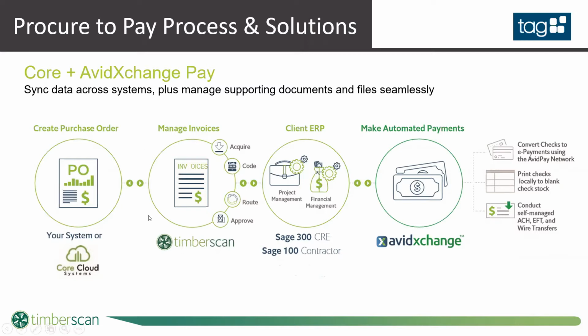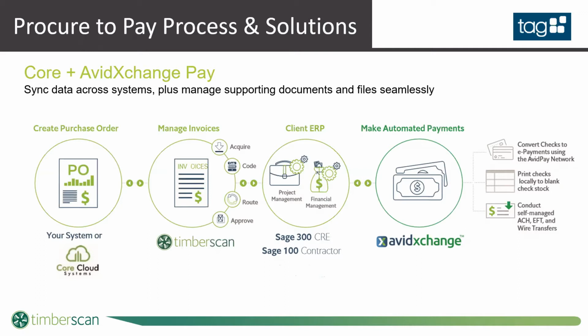Then you have both your purchase order and your receiving ticket in Timberscan as what we call supporting documents. So when your invoice comes in electronically, you would consume that into Timberscan, and then you can match that invoice to your purchase order and your receiving ticket to do either your 2-way or 3-way match. Timberscan also serves as your central repository for storing and managing all of your invoices and documents, as well as the mechanism for approving them.